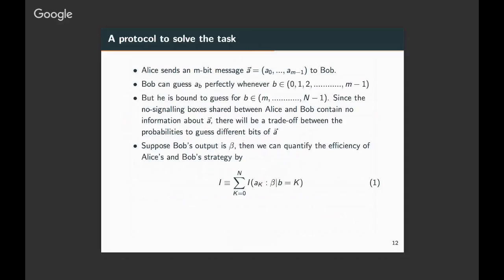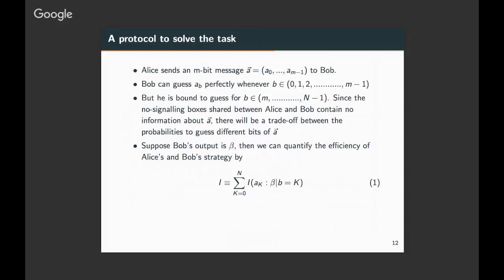Suppose Bob receives B equal to K, then he will have to guess A_K. The actual value is A_K, but Bob's output is beta. So how good the protocol is will be given by the mutual information between A_K and beta, how much A_K and beta overlap.